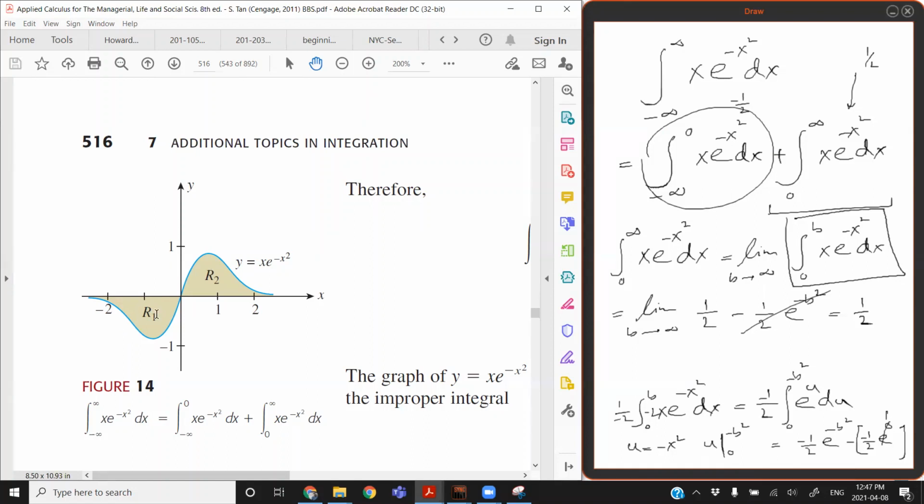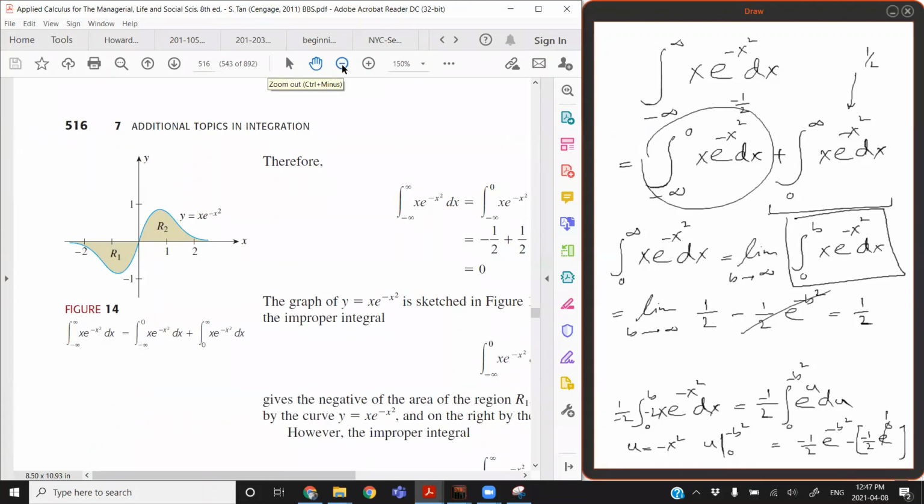Region 1 is 1 over 2, and since it's below the x-axis, the integral is going to be negative 1 over 2. And the second integral from 0 to infinity is going to be the area of this region, which is 1 over 2. The integral is going to be the net area. That is, areas above the x-axis are positive, areas below the x-axis are negative. So it's going to be 1 over 2 plus negative 1 over 2, which gives you 0.